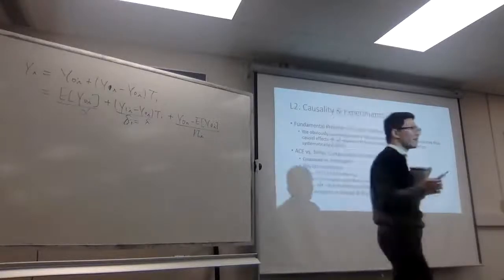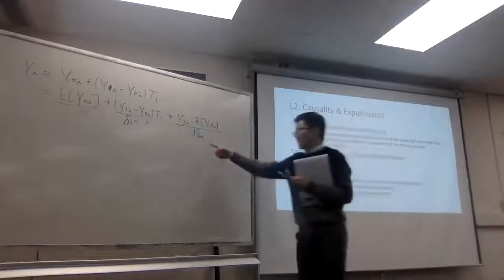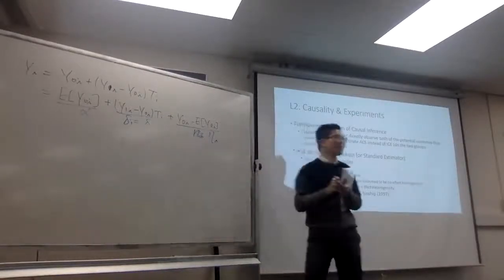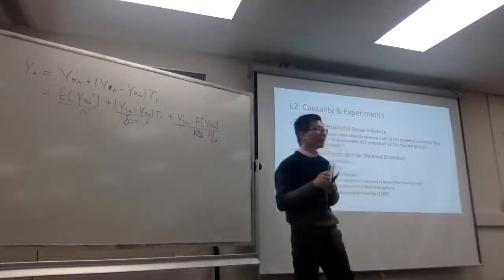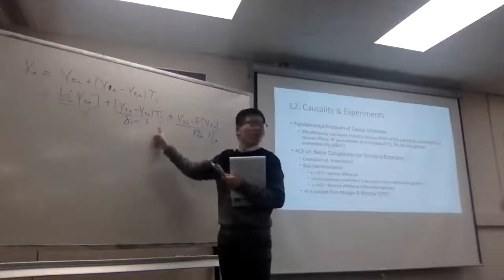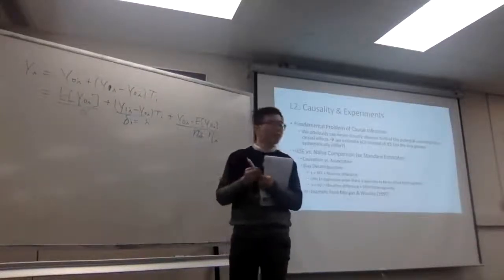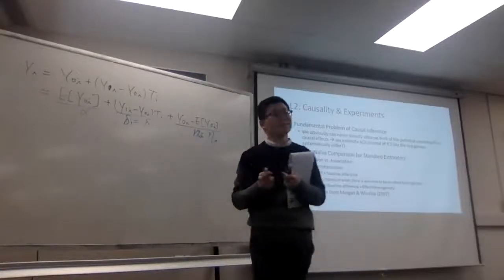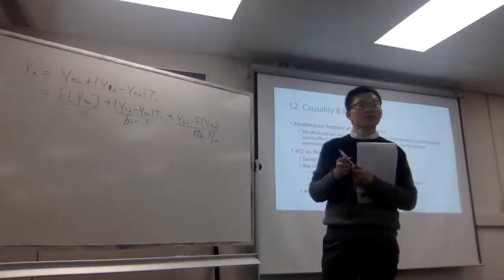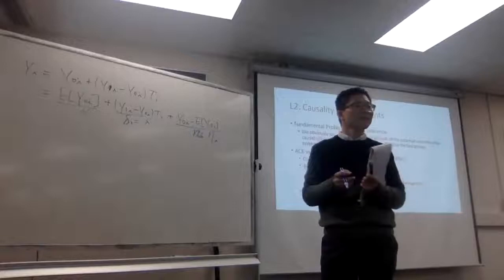What is the second term under y1i minus y0i? That's eta i, the error term. And the middle one is also just delta, the regression coefficient or the effect size. So we assume the delta coefficient is constant.